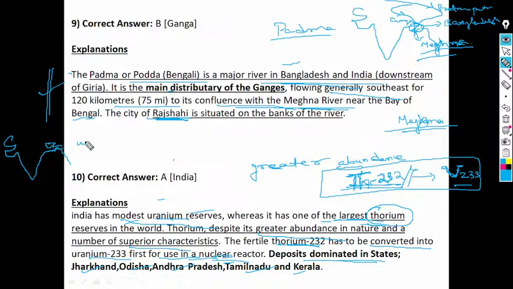This is your West Bengal, Jharkhand, Odisha, Andhra Pradesh, and this is Tamil Nadu and Kerala.